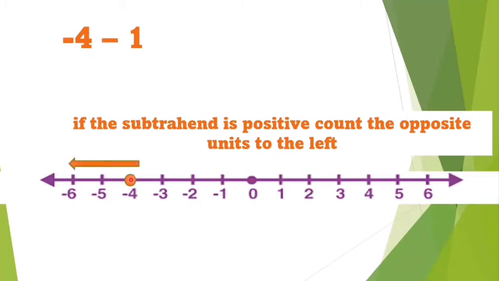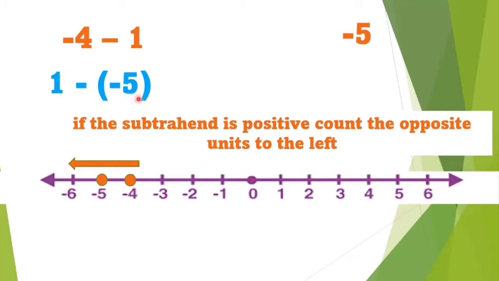How many unit? We're going to count 1 unit dahil ang ating subtrahend ay 1. Okay, then to the left of negative 4, 1 unit, and that's make our difference equal to negative 5.